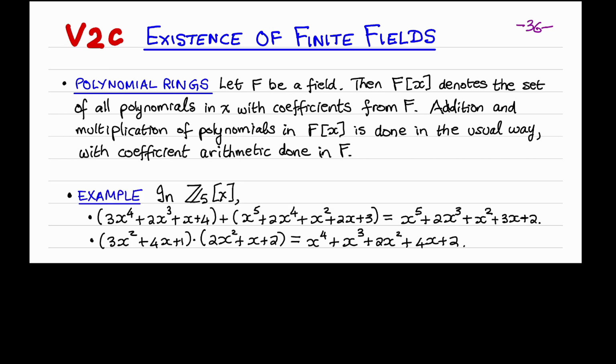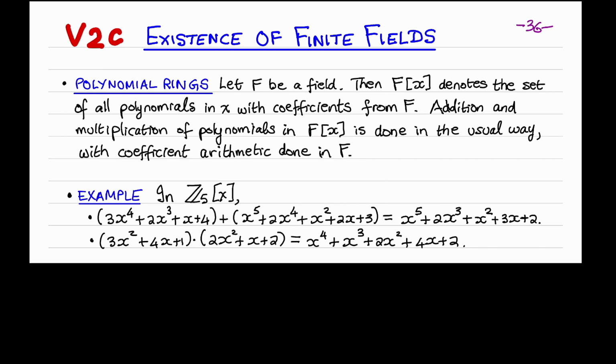Let me illustrate this with an example. Let's consider the set of polynomials in x over the integers modulo 5. I have two such polynomials here, one of degree 4 and the other of degree 5. When I add these polynomials, I add them as I would normally add polynomials, but remembering that the coefficient arithmetic is done with integers modulo 5.